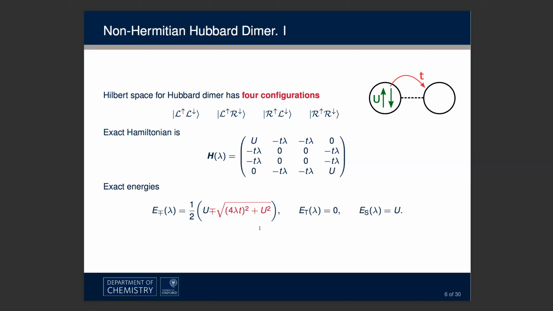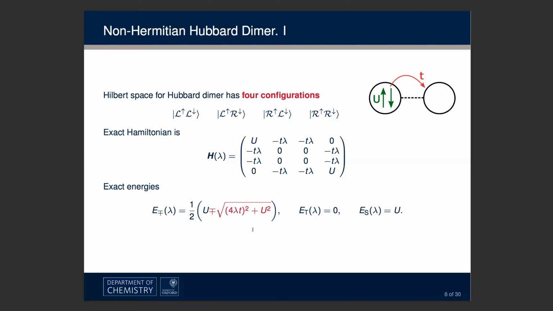And these are our singlet ground state and highest excited states. And then we have this triplet energy, which is independent of lambda, and another higher energy singlet, which is independent of lambda. But this square root term is going to be really important, and it's going to turn up a lot throughout many different examples later in the work.